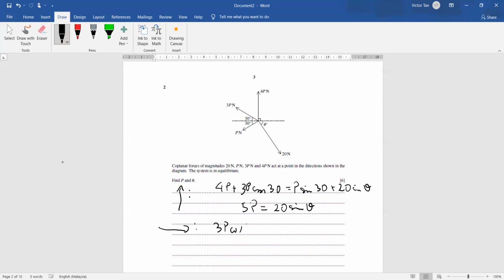3P cos 30 plus P cos 30 equals 20 cos theta. Okay, 4P cos 30, that's 2P root 3. Cos 30 is root 3 over 2. So 2P root 3 equals 20 cos theta.